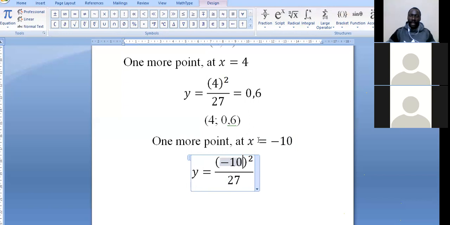So what do you have for that? That is going to be 100 divided by 27. Let's see what we get for that: 100 by 27 on a calculator. 100 divided by 27, that is 3.7.